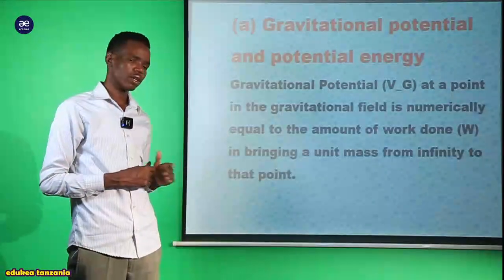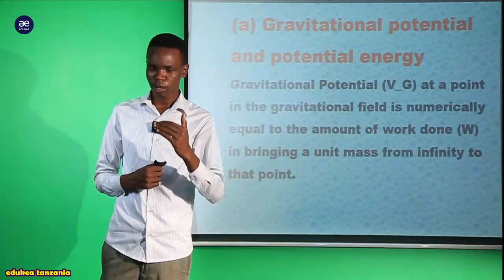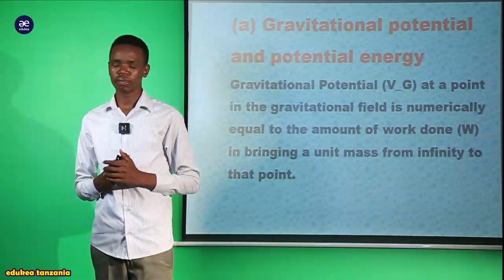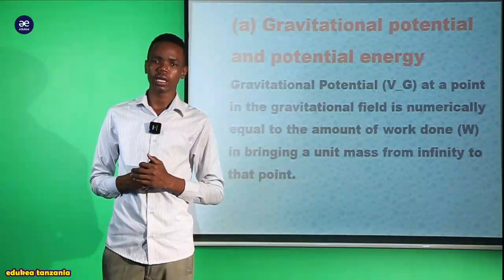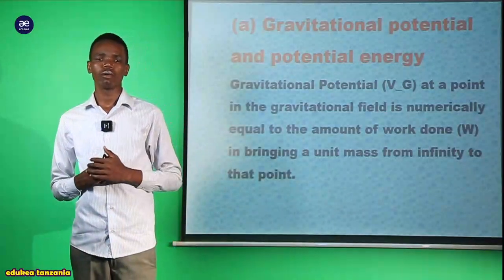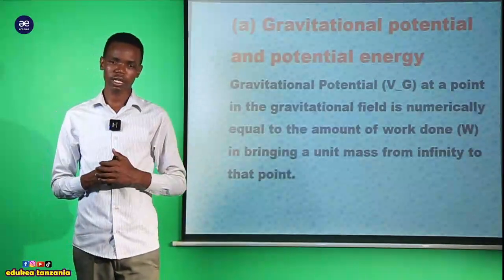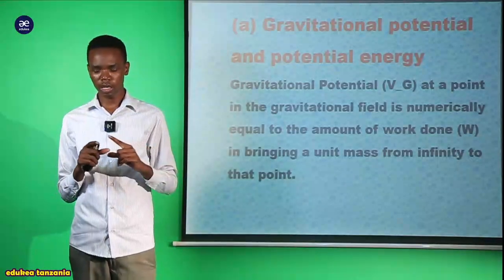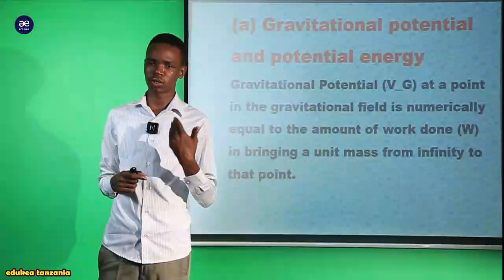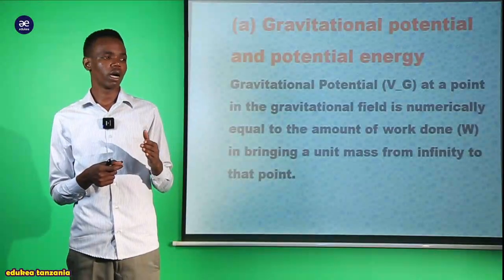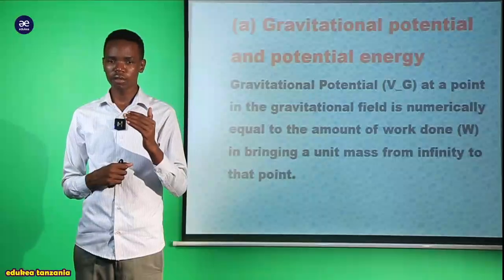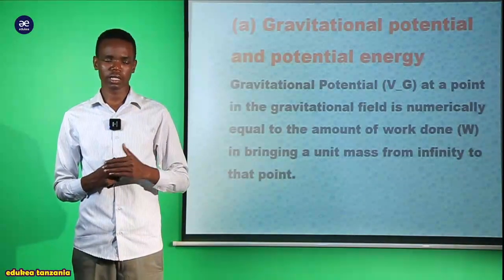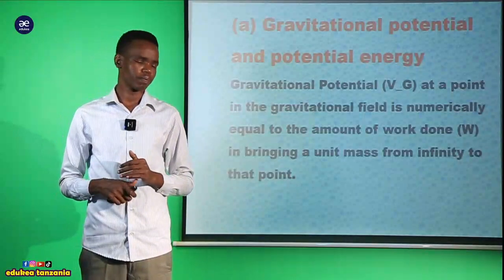So on this concept, we should look at the gravitational potential at a certain point, Vg, which should be obtained by taking the ratio of the work done, then we divide by the mass. We look at how we can obtain the gravitational potential: we take the work done, then we divide by the mass that is placed at infinity.